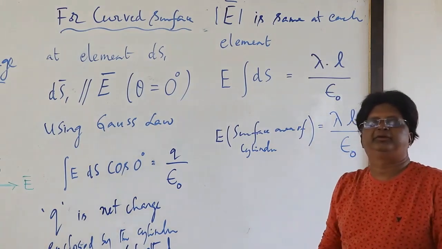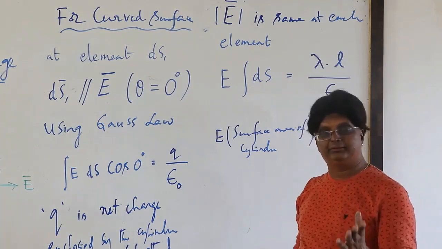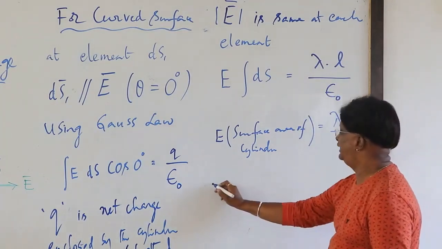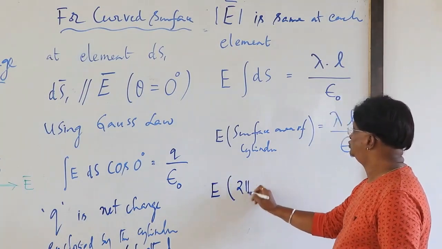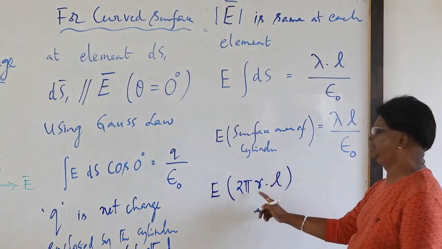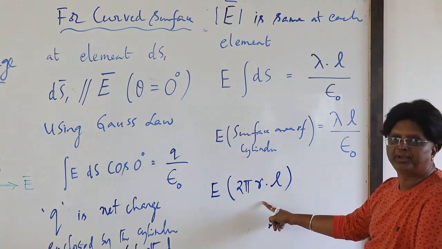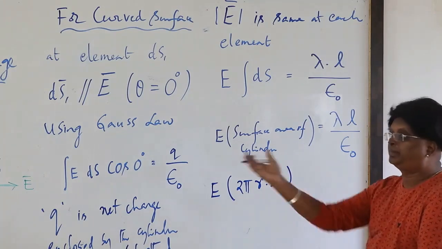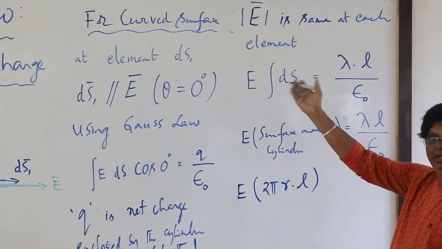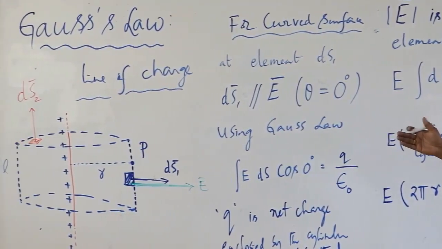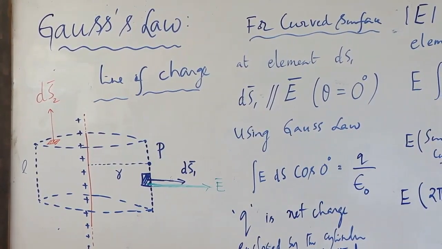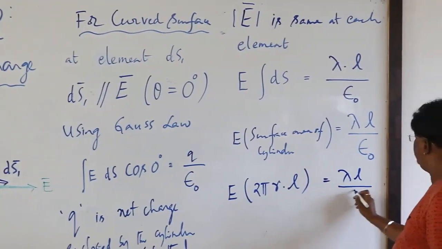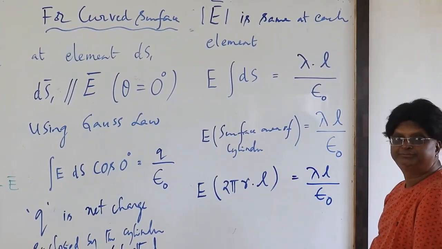Now the question comes: what is the surface area of a cylinder whose length is L and radius R? Common sense from high school. Therefore I am writing E times 2 pi R into L, the surface area of the curved part of the cylinder. Please do remember, we still have those two flat planar surfaces as well, which we will write afterwards. E times 2 pi R into L is equal to lambda L by epsilon naught.